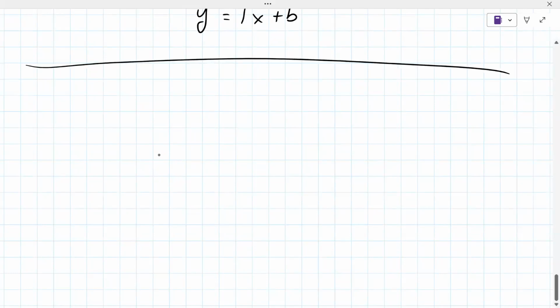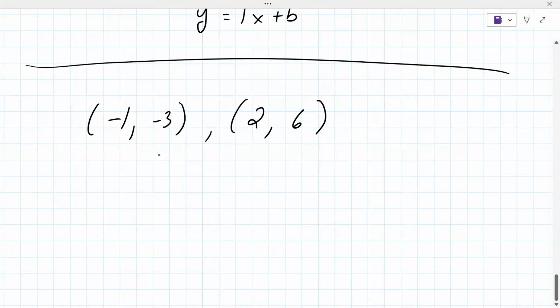So, all right. How about, let's say I give you the points (-1, -3) and (2, 6). Okay. So like the previous problem, I would recommend labeling the points and going from there, putting them into the formula after you label them.